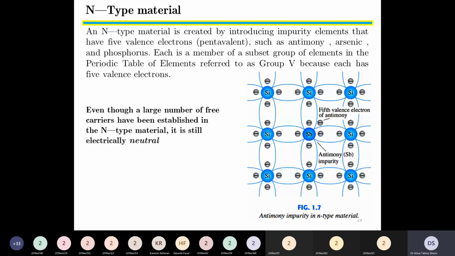They are given the group number 5 because they have 5 electrons in the outermost shell. When elements of the 5th group are added as impurities into intrinsic silicon, what we get is an N-type material.